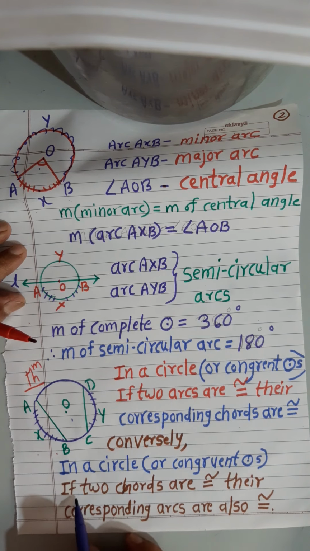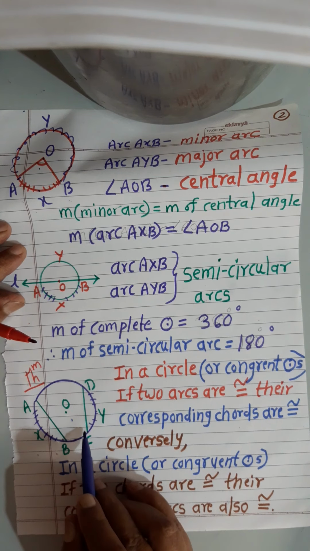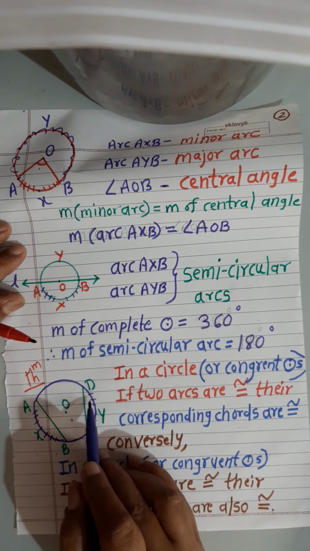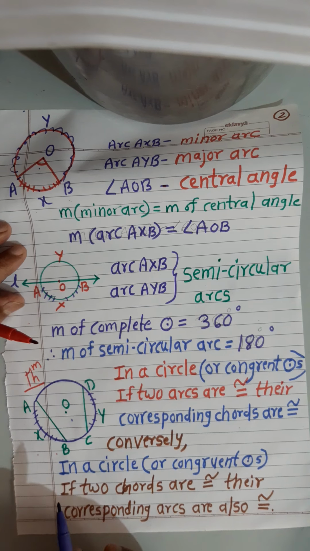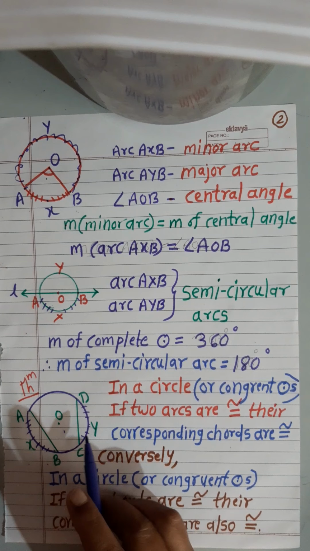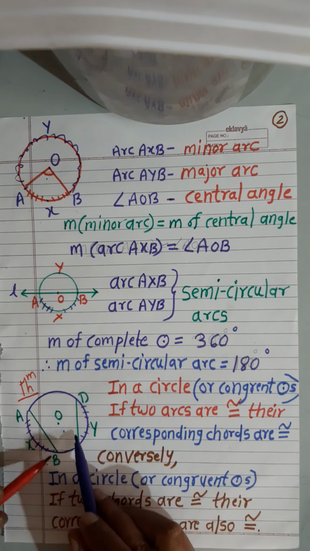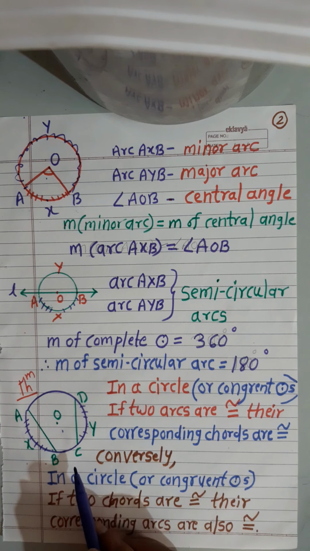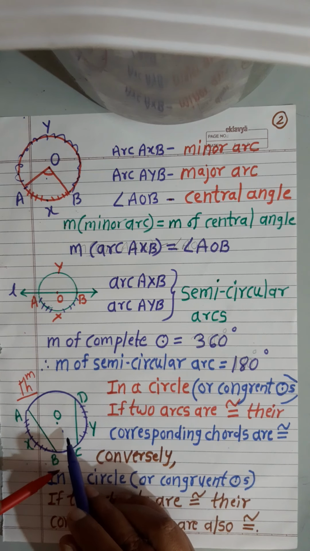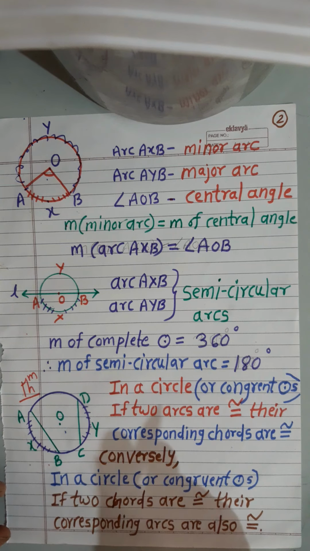In a circle, if two chords are congruent, then we can say that their corresponding arcs are also congruent. Conversely, if in a circle or in congruent circles, two chords are congruent, their corresponding arcs are also congruent.